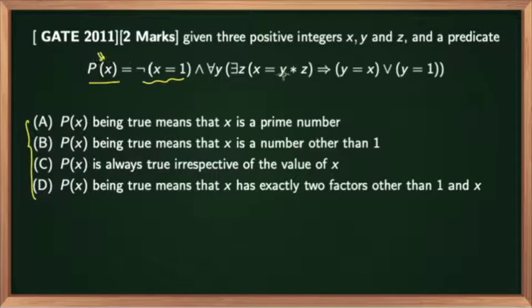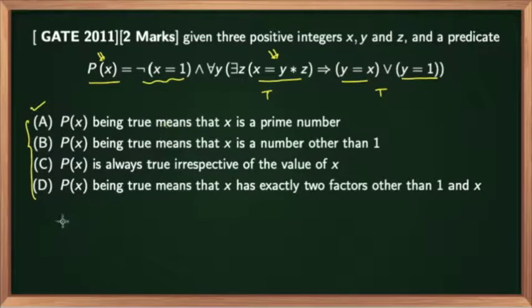So if for all y, there exists a z such that x is equal to y into z, that implies y is equal to x or y equal to 1. If this portion is true, this portion should be true. That is the meaning of this predicate. That means if you can factorize x into y into z, then y should be equal to x or y should be equal to 1. So this is the definition of a prime number. So the answer should be A.